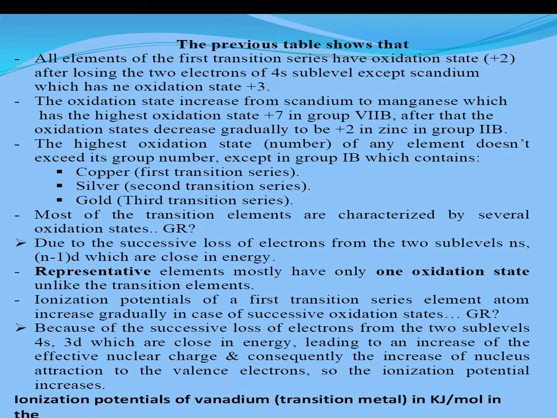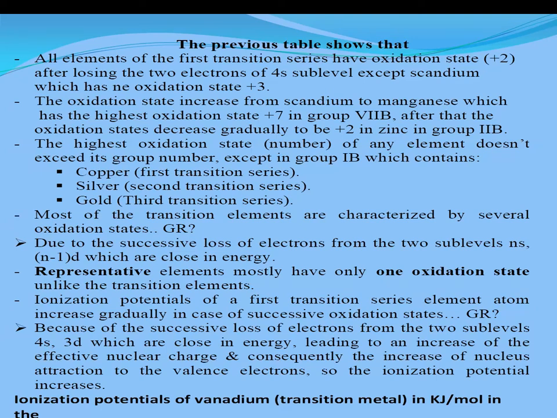Number 2, the oxidation state increases from scandium to manganese, which has the highest oxidation state of positive 7 in group 7B. After that, the oxidation state decreases gradually to become again positive 2 for zinc in 2B. The highest oxidation state of any element doesn't exceed the number of its group.